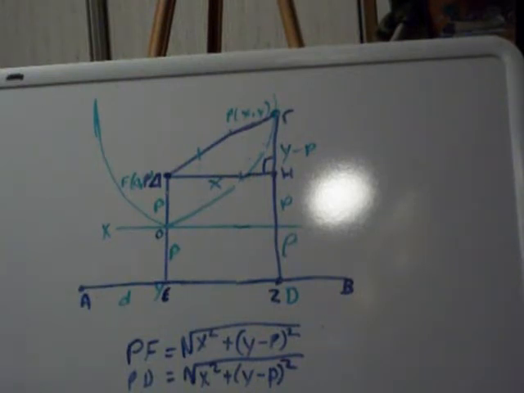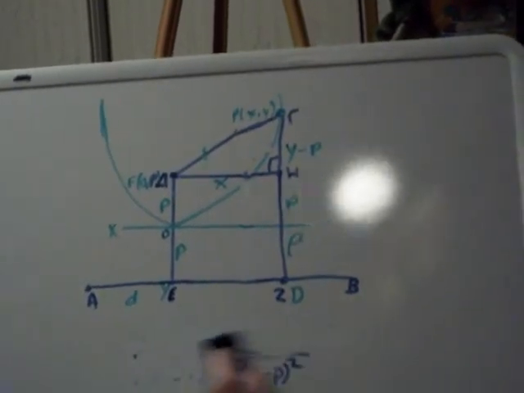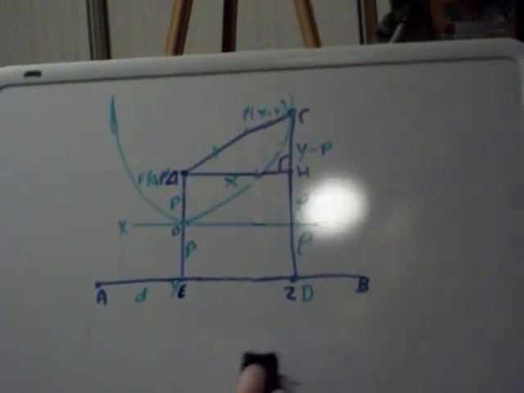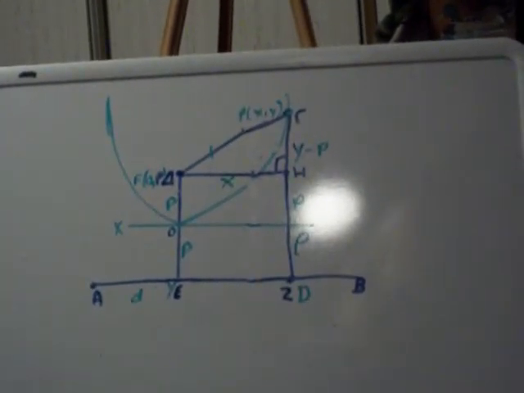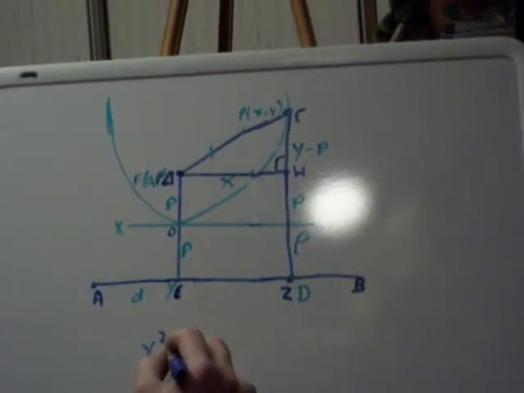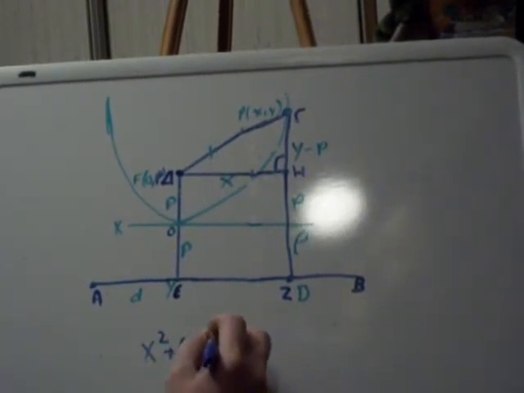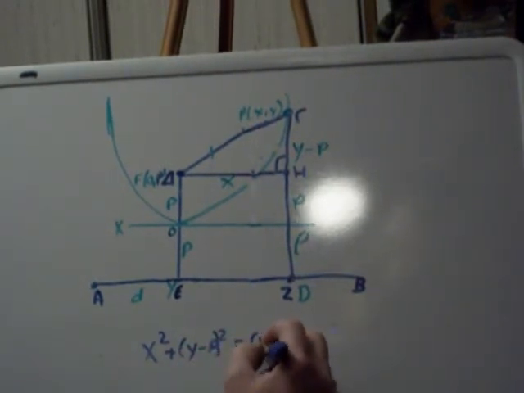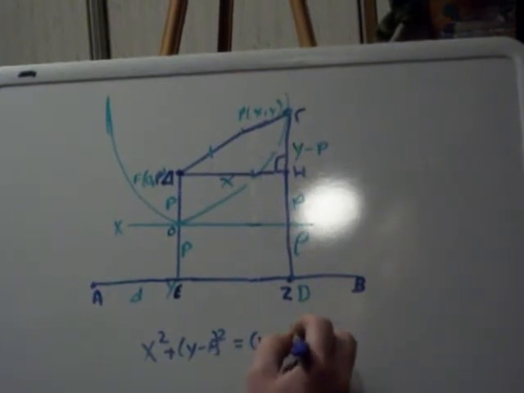Now, we're going to square both sides. And I'm going to let you do this as a project. Now if we square both sides, you get x squared plus y minus p squared equals y plus p squared.